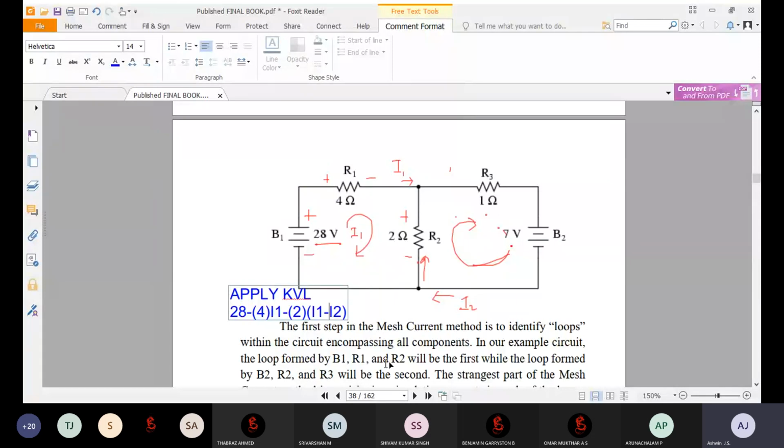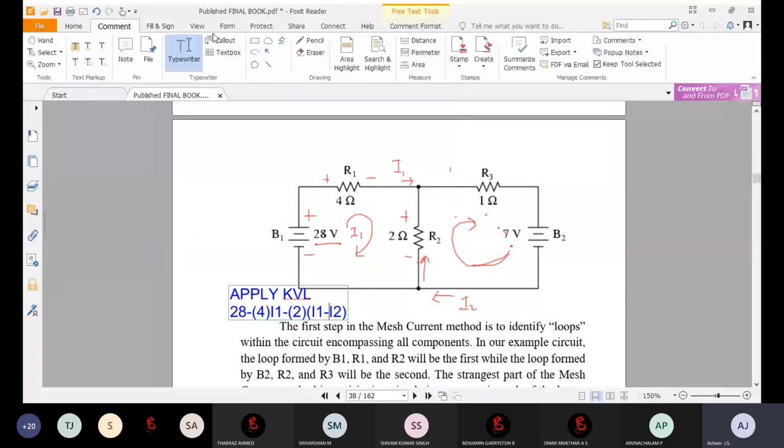I'm considering I1 as positive and I2 is coming in the opposite direction, so I will consider I1 minus I2. So what if you are writing the loop equation with respect to I2, how will you write it? Just consider in this case there are two possibilities.